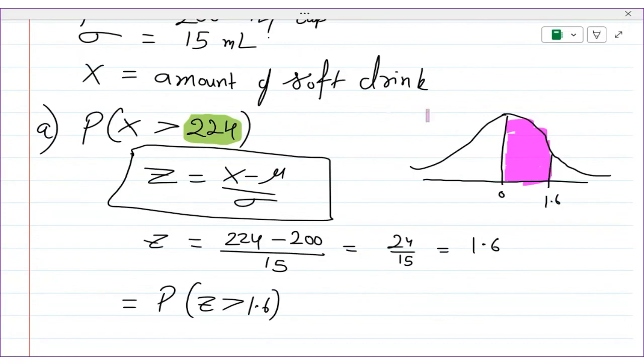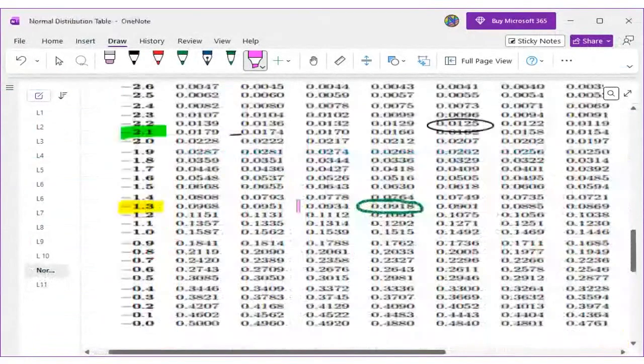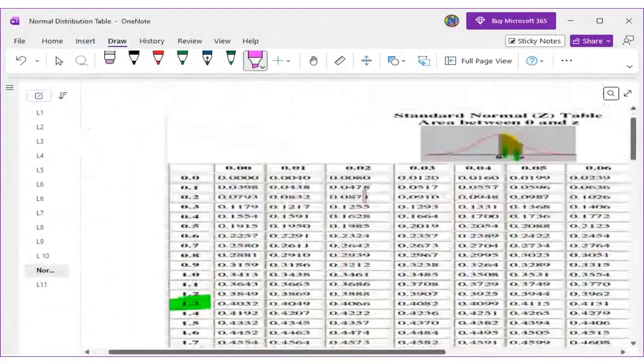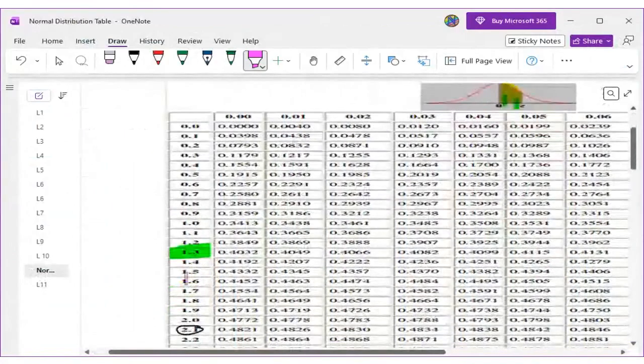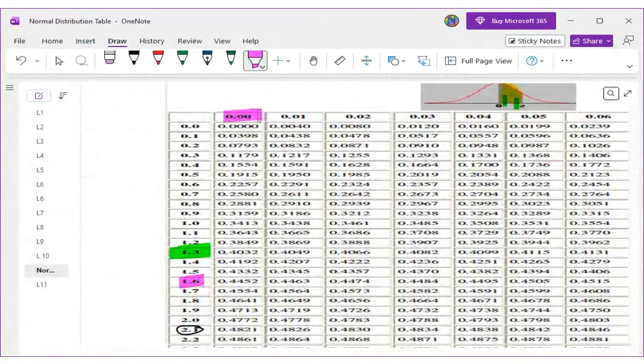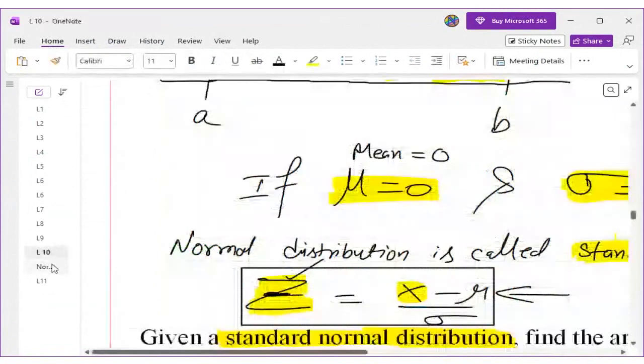If we are given 0 to 1.6, see from this table, between 0 and z, the probability for 1.6. Because I want exactly 1.6, I take the row 1.6 and column 0.00, which is 0.4452.